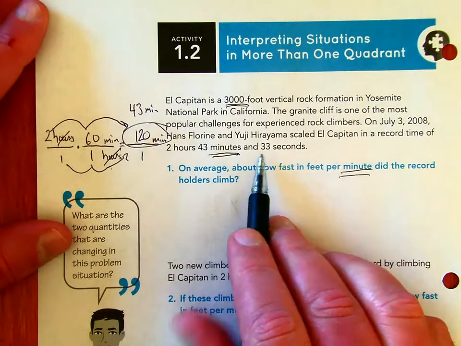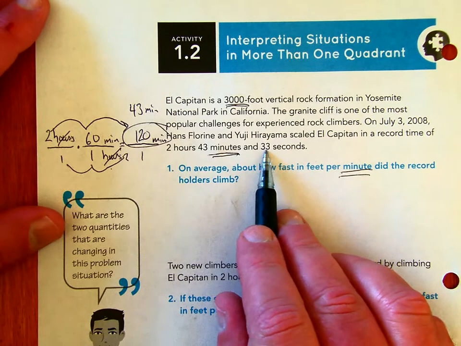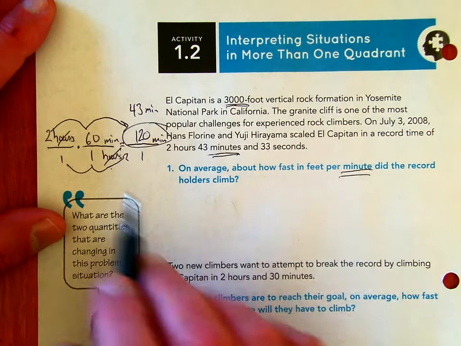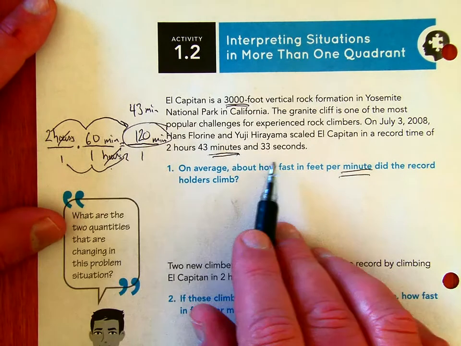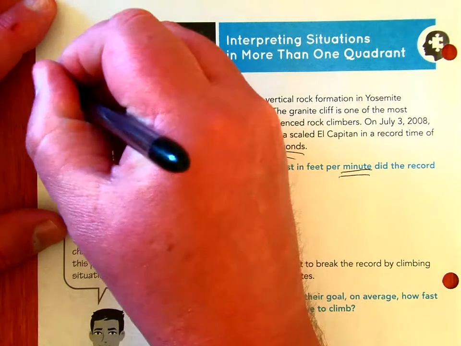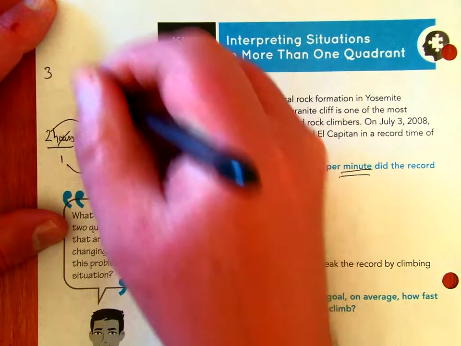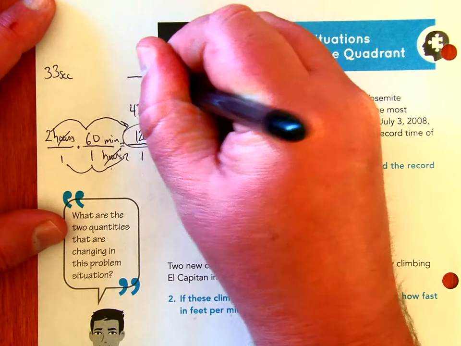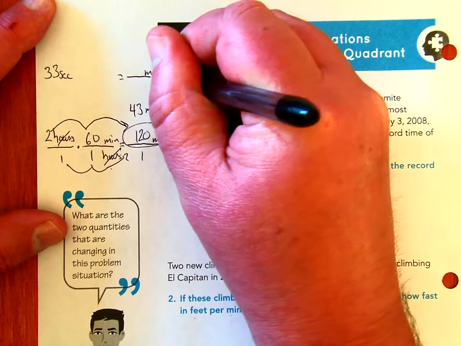Seconds. What portion of a minute is 33 seconds? I don't know that off the top of my head. That's not easy like this one. But if in doubt, I can set it up the same way that I did this. I know there's 33 seconds, and I want to find out the number of minutes.